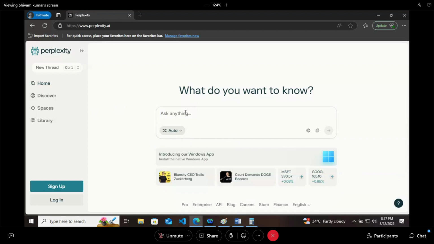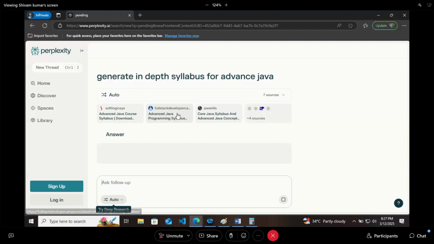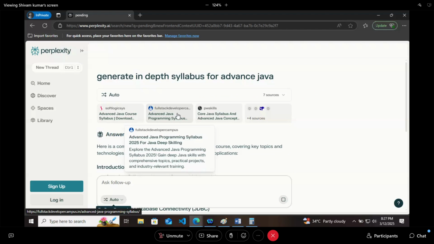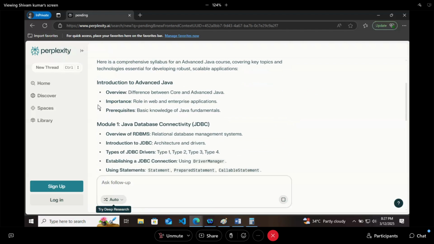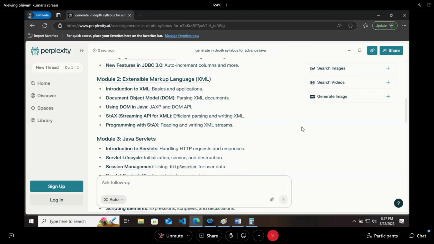Here first you write this: generate in-depth syllabus for advanced Java. You can replace advanced Java with any programming language or framework that you want. Now it will give you the answer in this way. First, you should copy paste the syllabus outside.